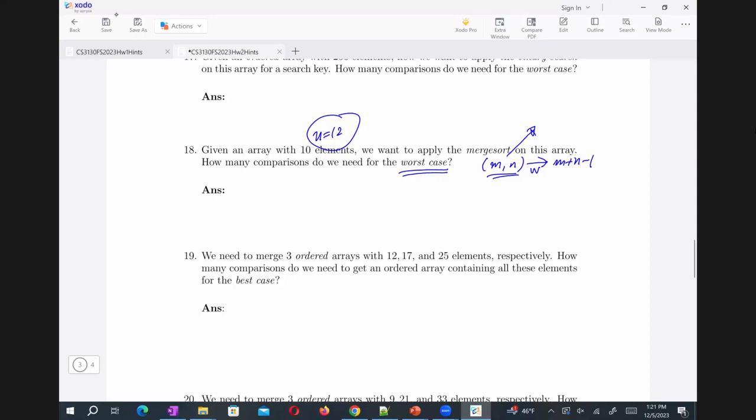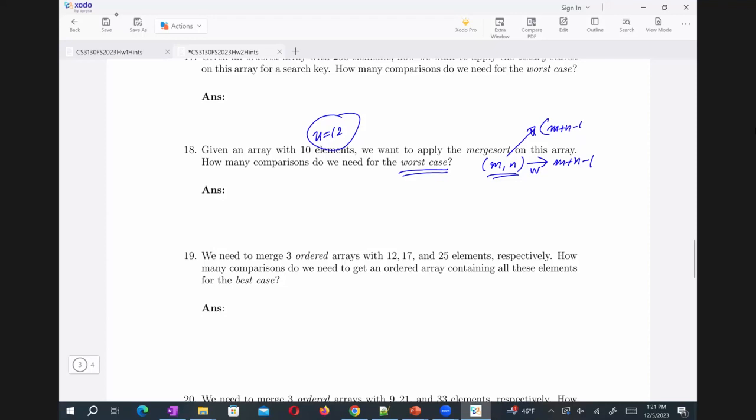But for the merge result, I want to use a short notation to represent it, so I can apply it everywhere when we do the merge for this question. After we merge, we get this.